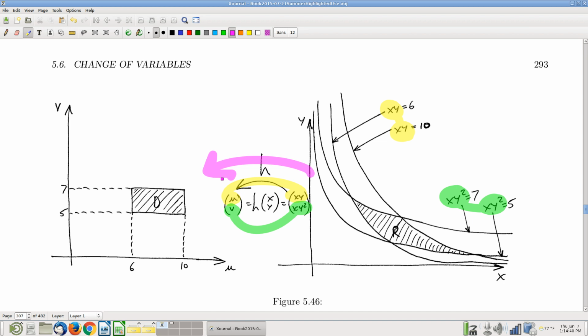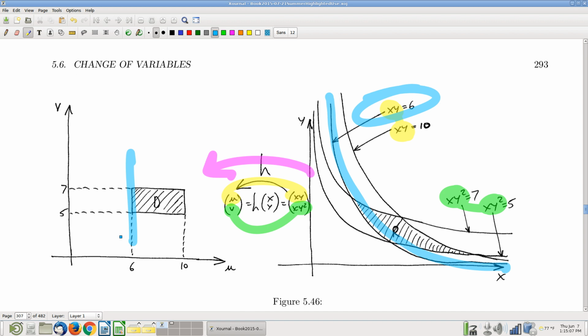Notice that this curve here, that blue curve, the equation is xy equals 6, or otherwise known as u equals 6. This weird blue curve over here, its image is a straight line over here. Right.